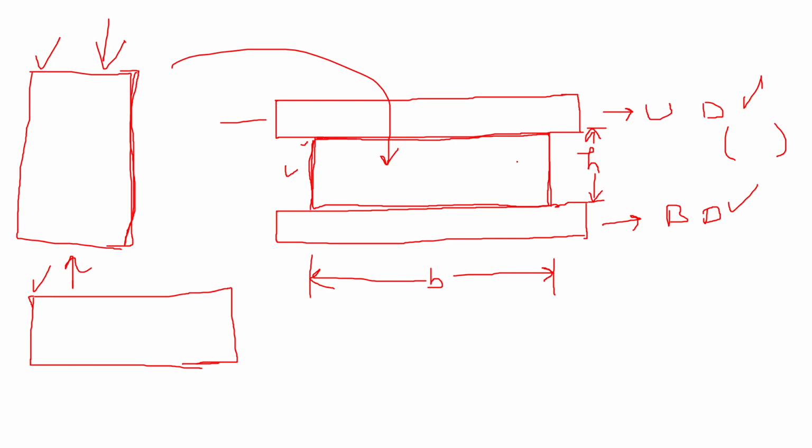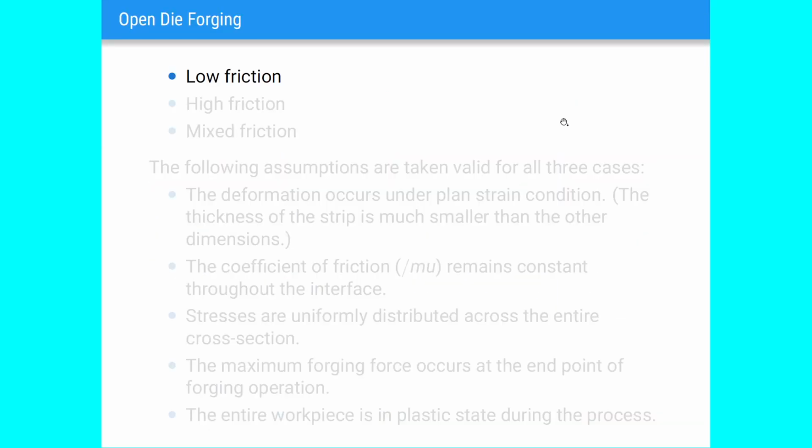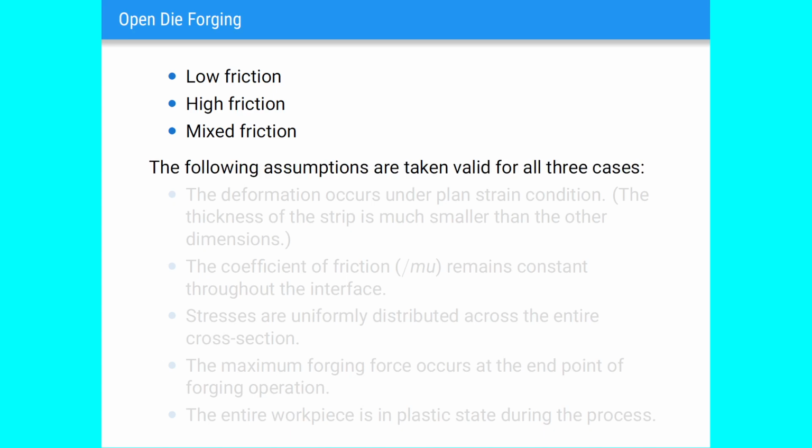We have certain assumptions before proceeding ahead in the slab method. So let me read out these. These were the three conditions: low friction, high friction, or mixed friction condition. Then we have certain assumptions which we need to take care of while discussing the slab method.